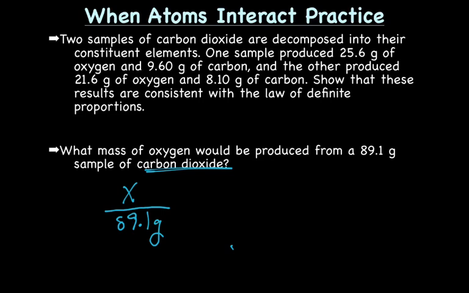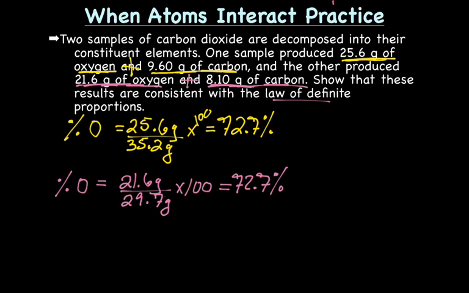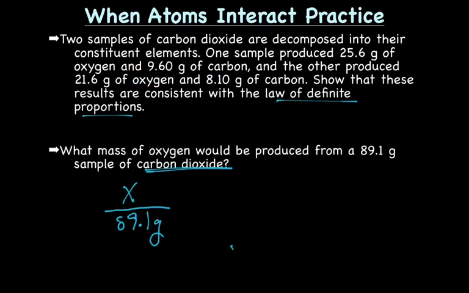That's not going to be enough for us. But we also know from the law of definite proportions that the proportions should stay the same. And we just found out the percent oxygen is 72.7%. Now we can calculate the mass of oxygen.